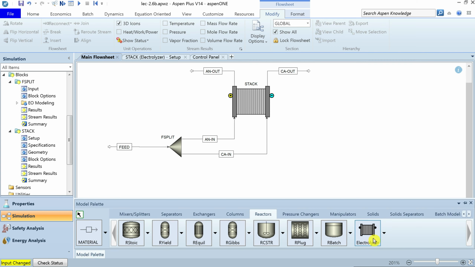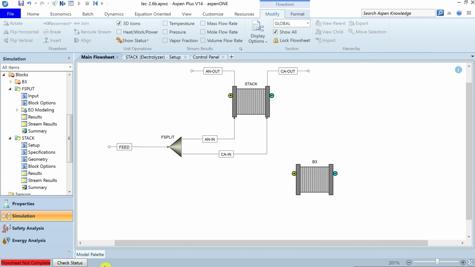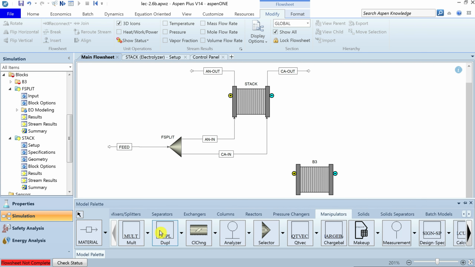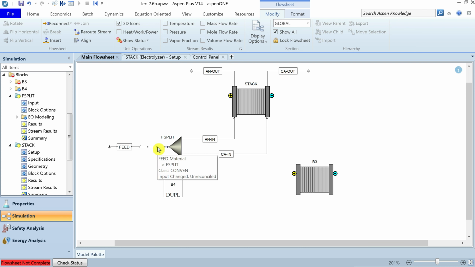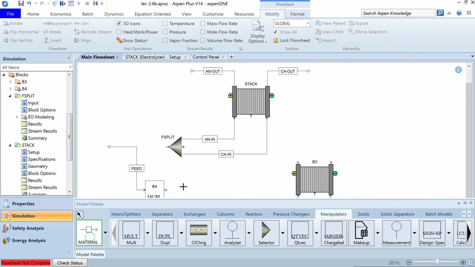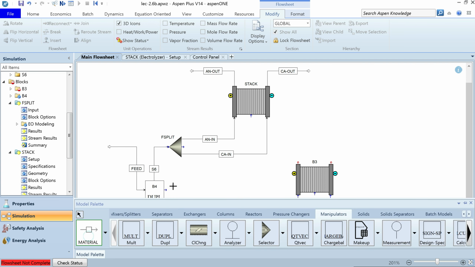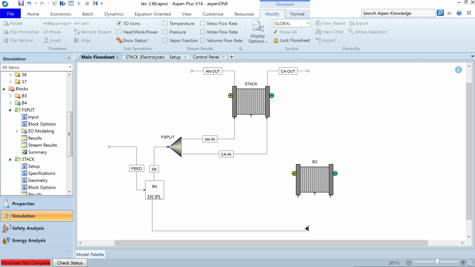Besides modifying the connections, let's keep it stack only and separately simulate the electrolyzer module. For that case, define a separate electrolyzer. To avoid again defining the feed stream, let's use the duplicator block. Change the connection of the feed from the splitter to the duplicator. Take one stream from the duplicator to enter the rigorous stack and take the second stream to enter at the central port.